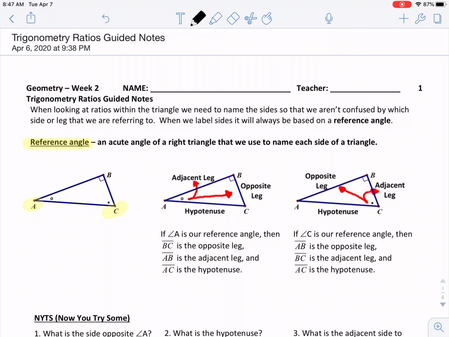All right. Now, we also have names for each one of those three sides. The first one we've already talked about a lot yesterday in the Pythagorean theorem is the hypotenuse. Well, the hypotenuse is always across from 90, so the hypotenuse will always be here.